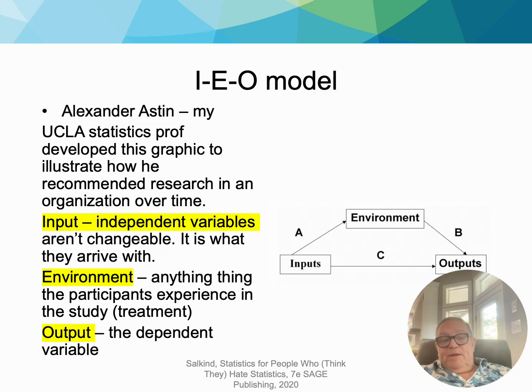In an experimental design, we would call that treatment, but it doesn't have to be like a medical treatment. As I said, it could be attending a workshop. And then on the right side is the output. So what are you trying to change? Their attitudes about some kind of new work procedure or whatever. Anyway, that's the graphic. So it's called the IEO model.